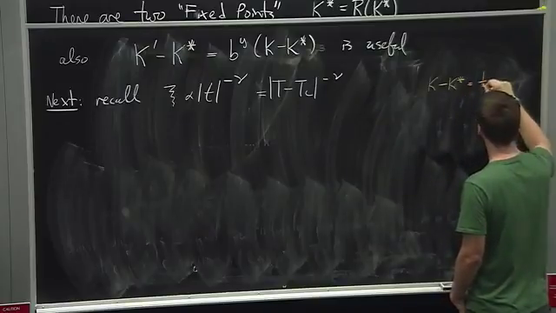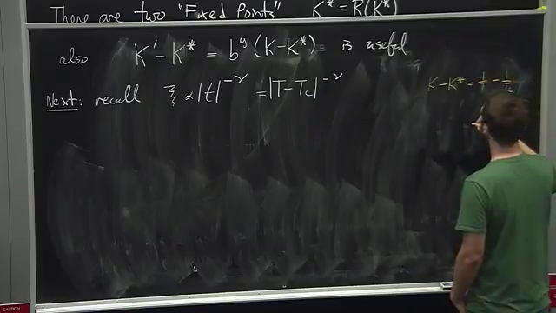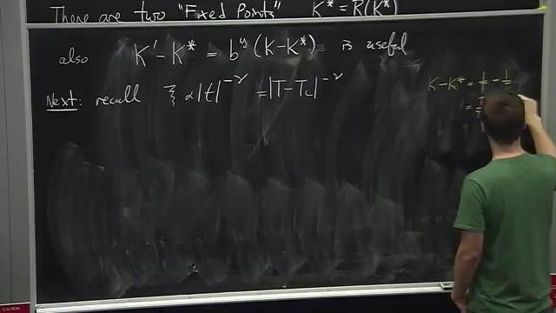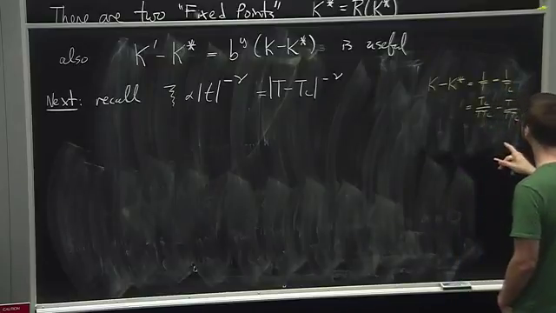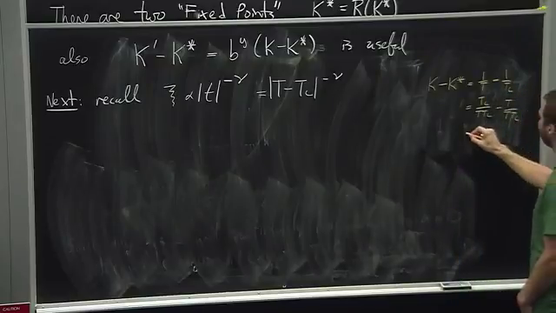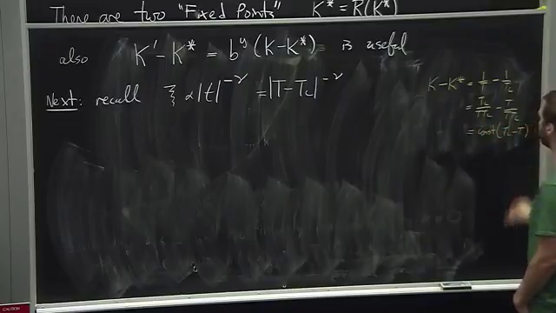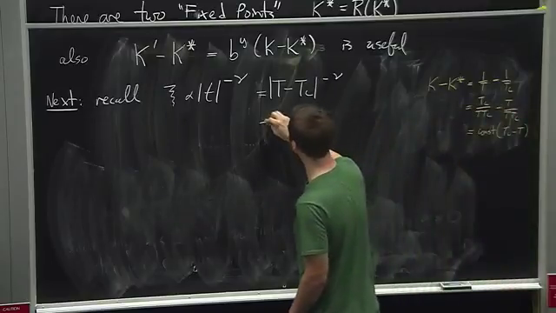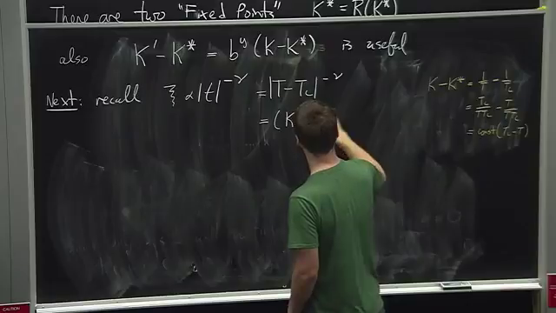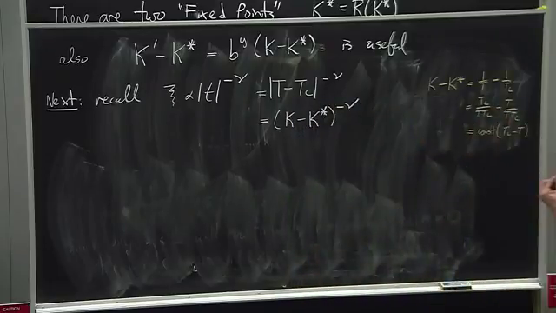That's 1 over T minus 1 over Tc. Yeah. So very near to the critical temperature it's some constant times Tc minus T. Okay, so maybe the signs change. So I can also say that this thing is K minus K star. Why not?